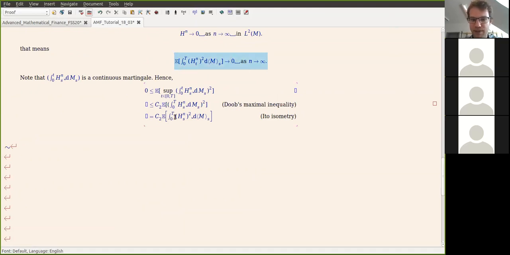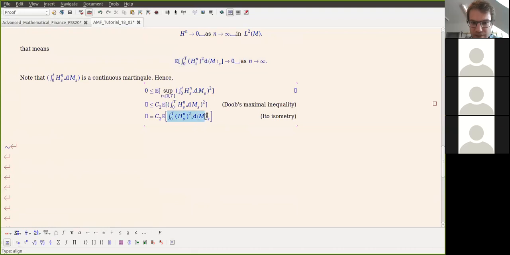So this term appears here, and I know that this term goes to 0 by assumption. So this goes to 0 as n goes to infinity.